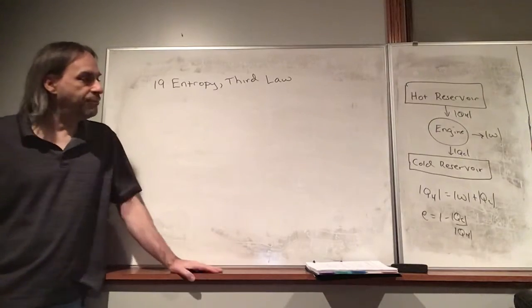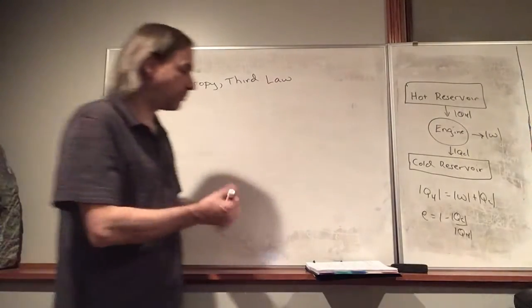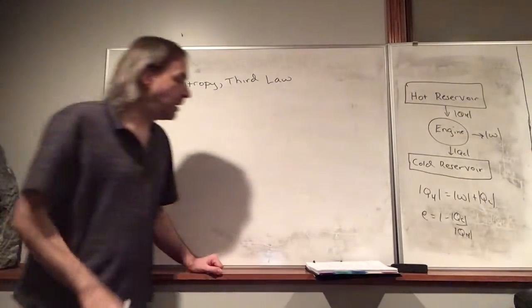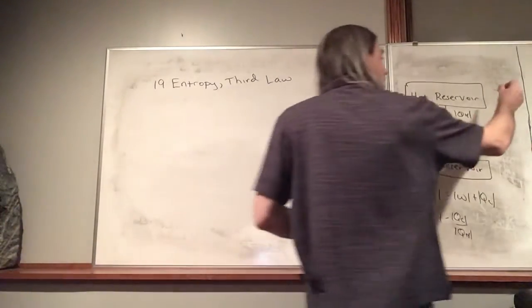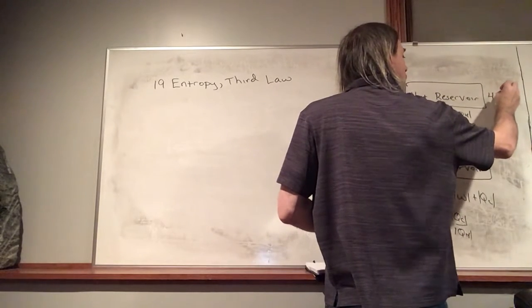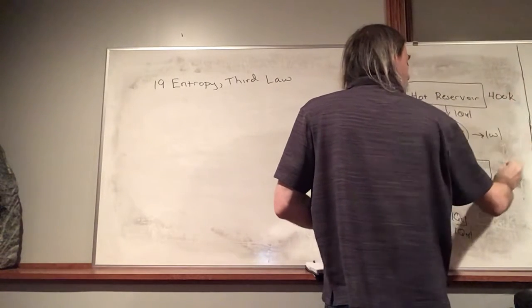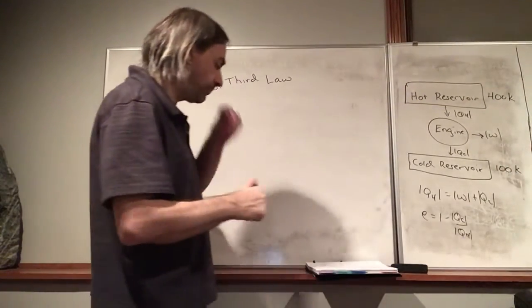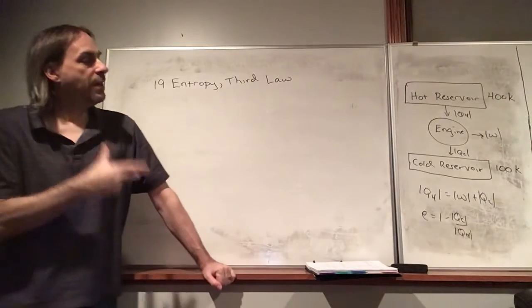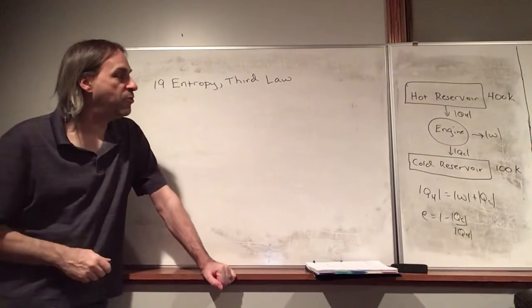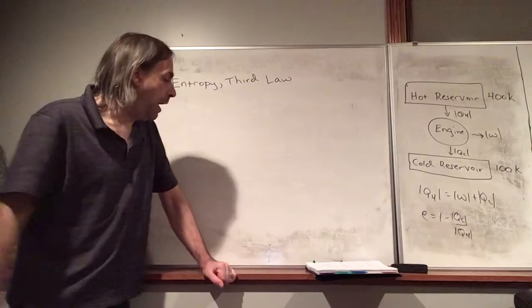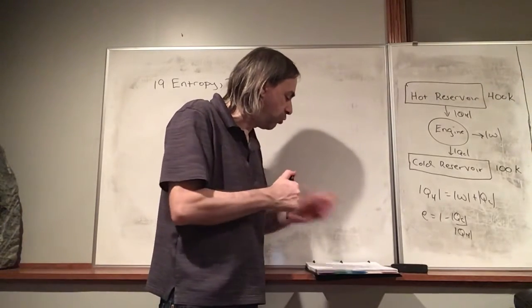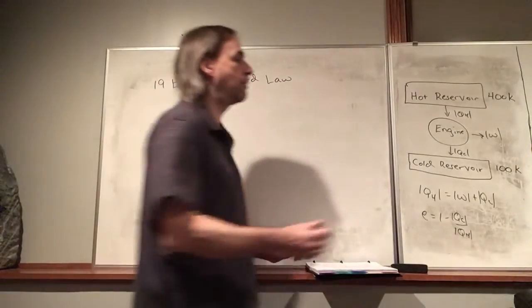All right, so we're going to look at a concrete example of an engine. So say we have a hot reservoir that is at 400 Kelvin and a cold reservoir at 100 Kelvin. So we have some engine operating between these two temperatures, and let's say we're going to take 1,000 joules out of the hot reservoir.